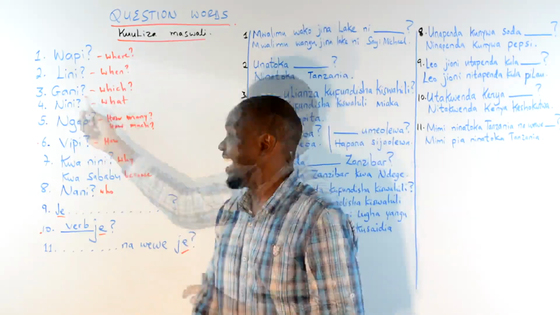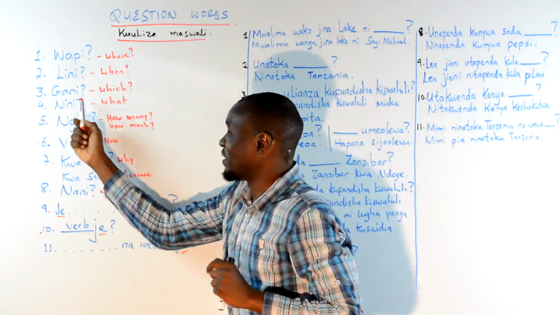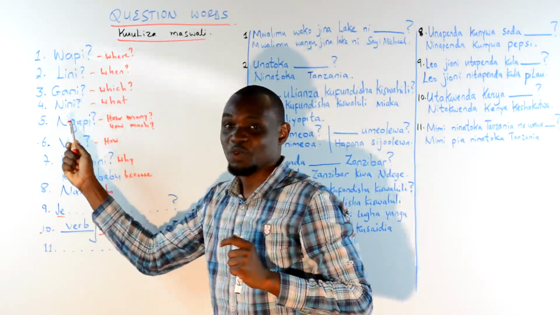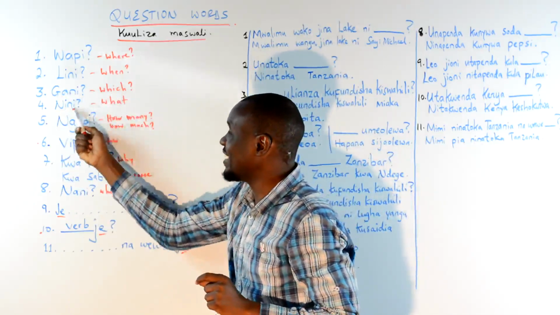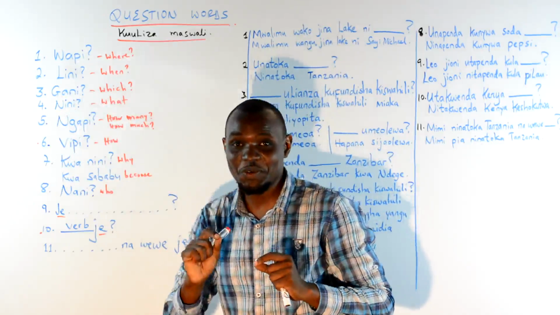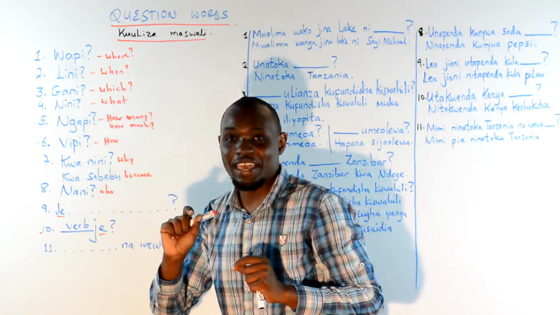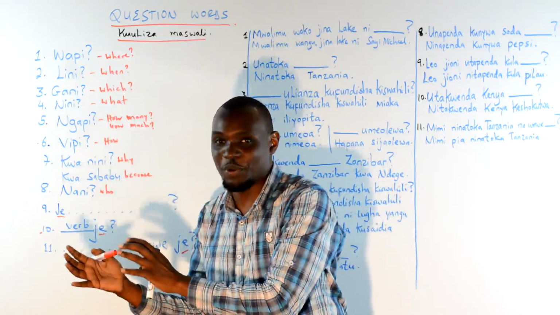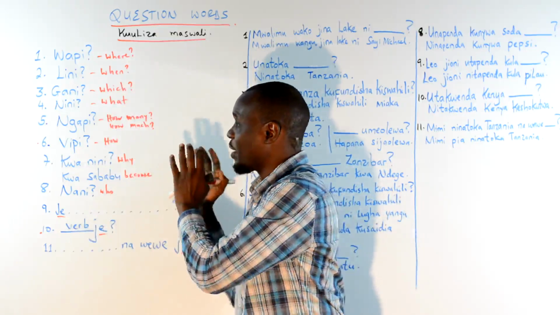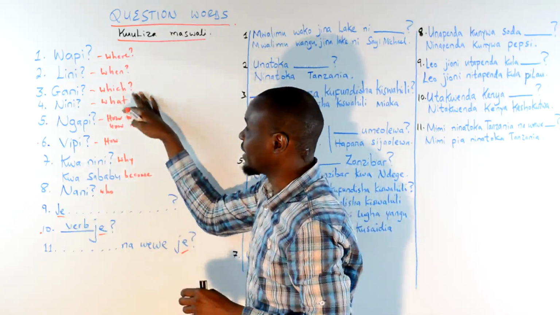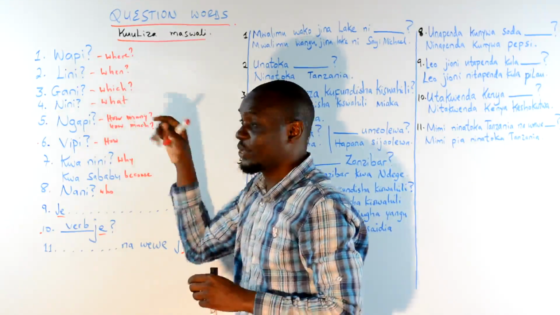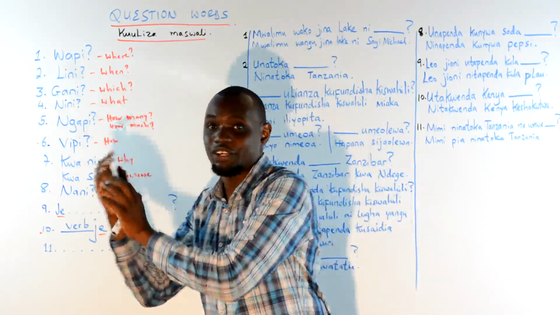It doesn't matter. And there are these two: gani and nini. You know, gani is which and nini is what. These two are a little bit challenging. Especially people who are learning Swahili, they get confused with these two because of their English knowledge.